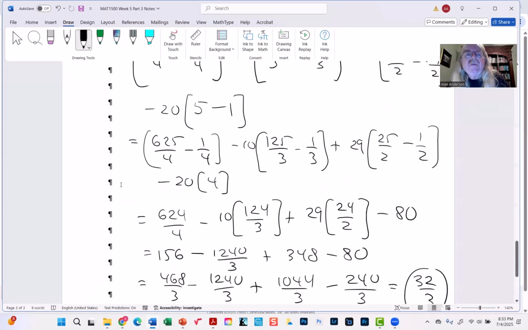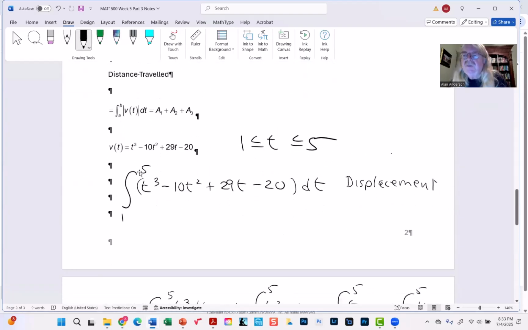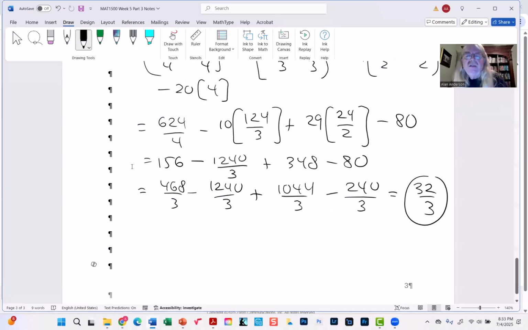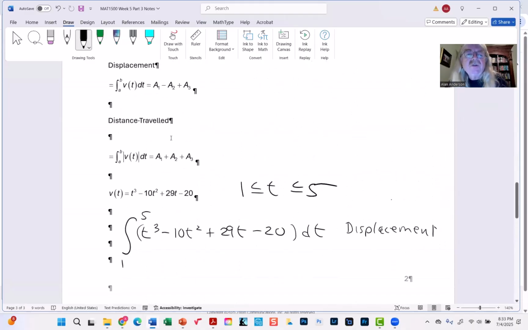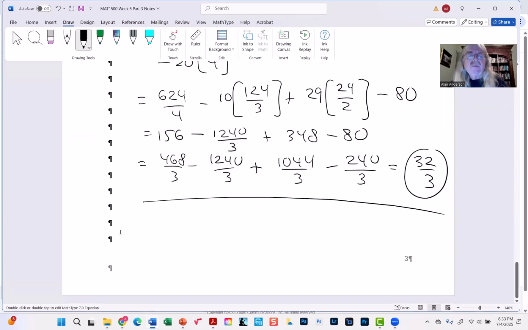All right, and again, remember what this is. This is meant to represent the displacement because we kept all the signs. Now, as far as the distance traveled goes, we're just going to use this formula. So it's the same integral, but we're going to take absolute values.